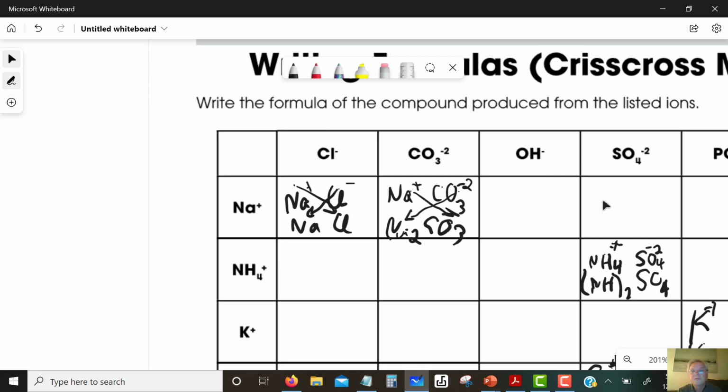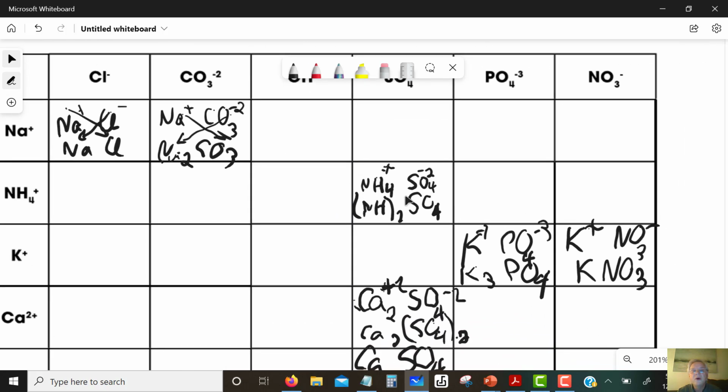For this one, combination between ammonium and sulfate, a little different because it's 2 polyatomic ions joining together, and a slightly different rule. So this has a +1 charge, the ammonium. You look in the polyatomic ion table, and this is a -2 charge. I did not write the 4 down there.